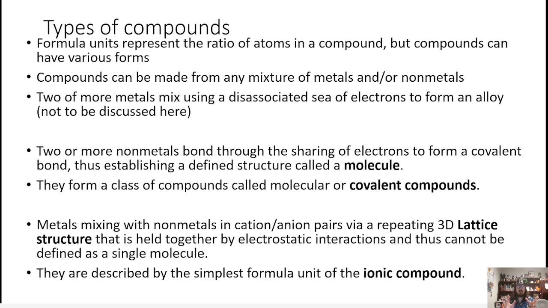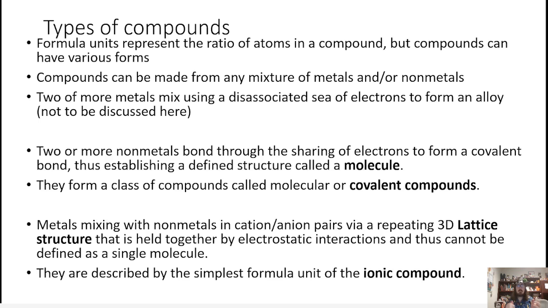We call this a molecule. Now, this class of compounds are often called either molecular compounds or covalent compounds after the bonds they make. But the idea here is when we have more than one nonmetal, usually these guys have a defined structure that starts and stops.